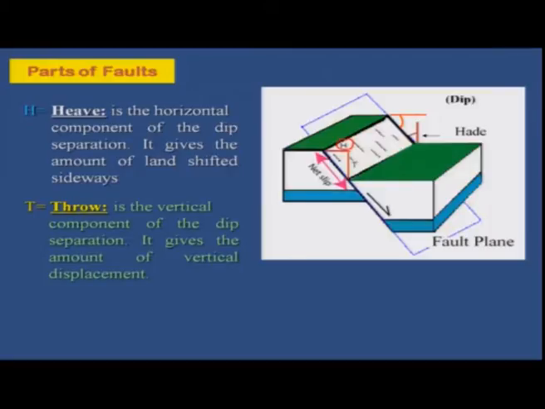Now coming to the throw, denoted by T, which measures the vertical component of the dip separation. So this is the throw which we are getting here. Okay, so here we have the heave, and the next is T, the throw, which is a vertical component.